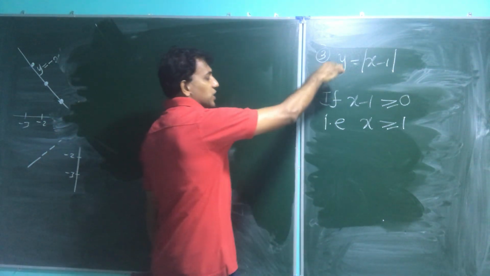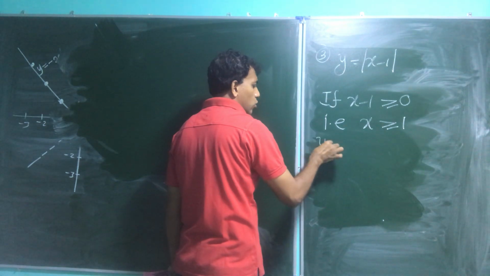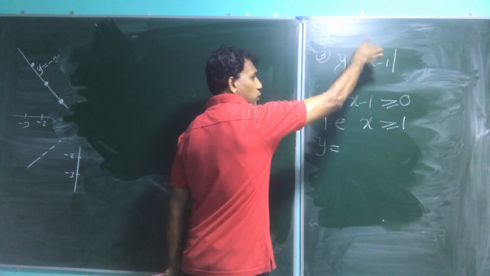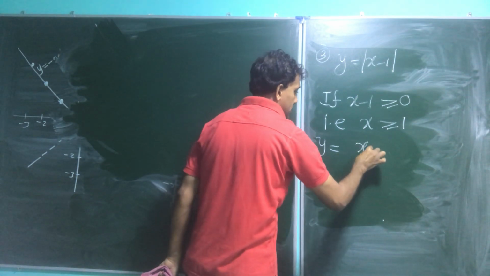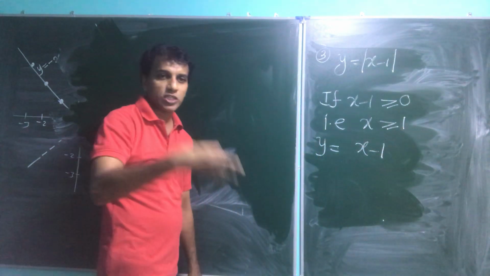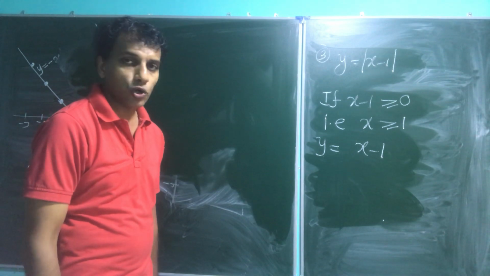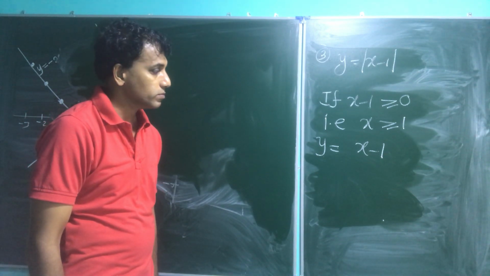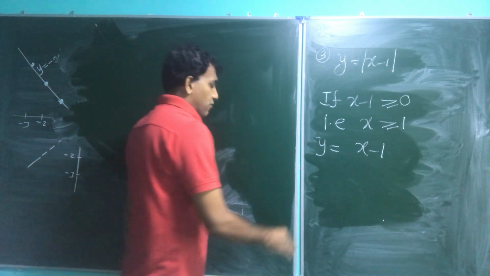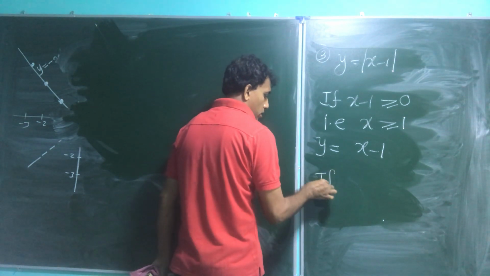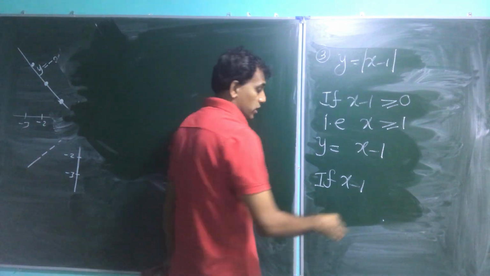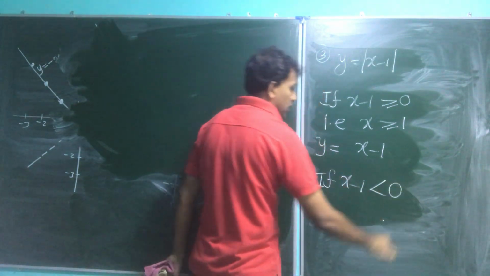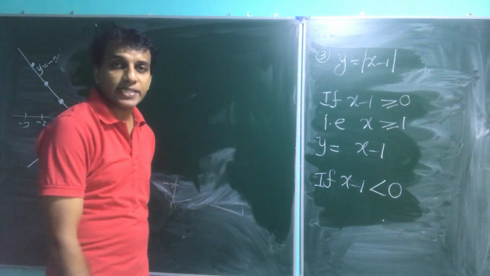So under this condition, inside is completely positive, then show it as it is. No changes. That's the modulus property definition, right? Next one, if x minus 1 inside the modulus is less than 0. What do you mean by less than 0?